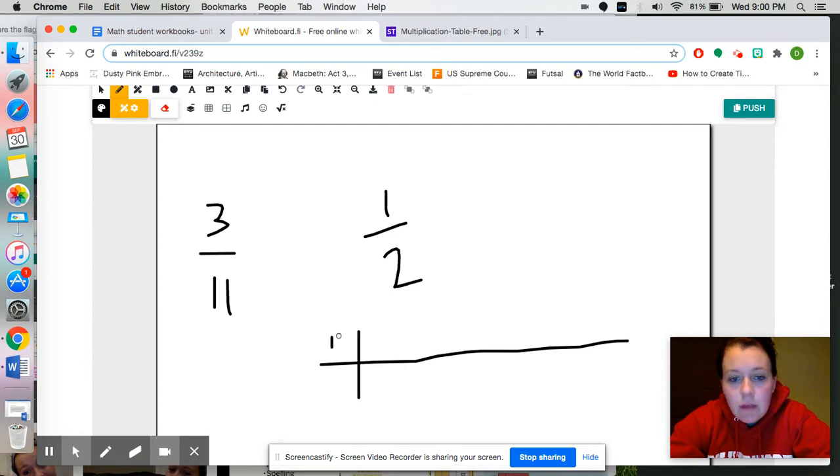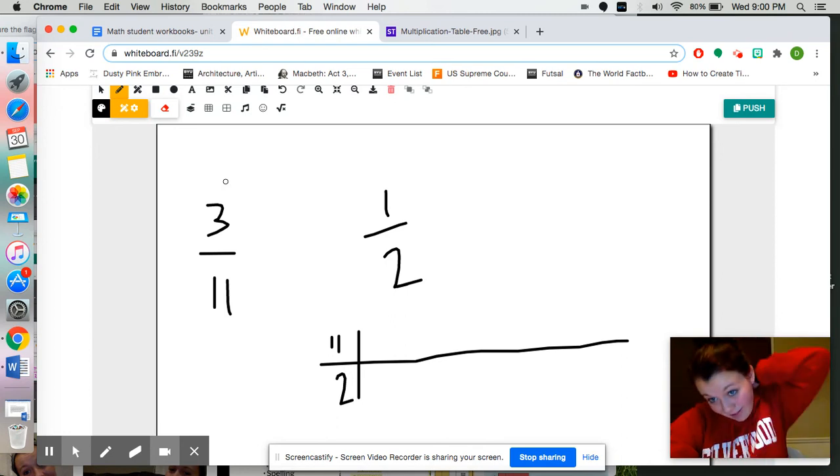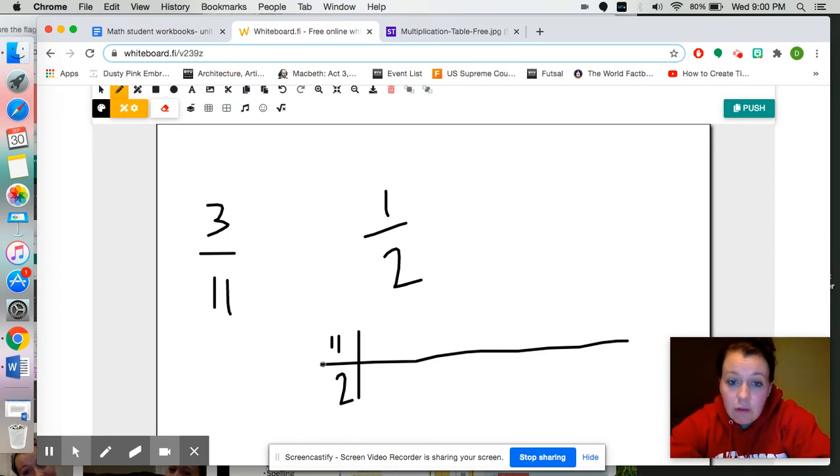I've got 11s, I've got 2s. I have to find a common denominator between 11 and 2. So I'm going to count by 11s, and then count by 2s until I have a common denominator.